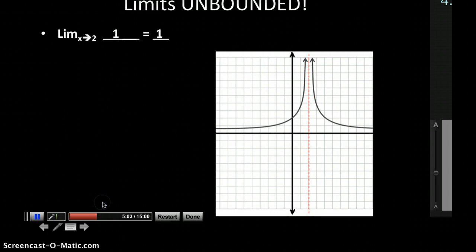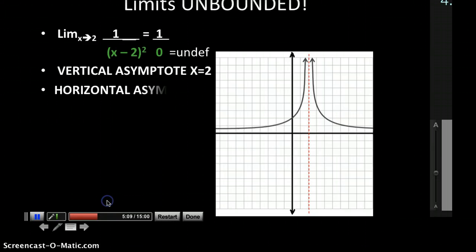Let's see this again with the 2 minus x squared. Notice now the vertical asymptote is still x equals 2 and the horizontal is y equals 0. Because of the squared in the denominator, the graph looks a little different. It looks like going up and going up. So let's run through this again.